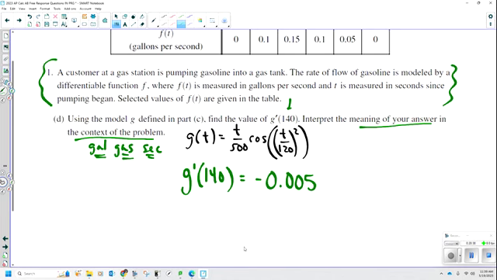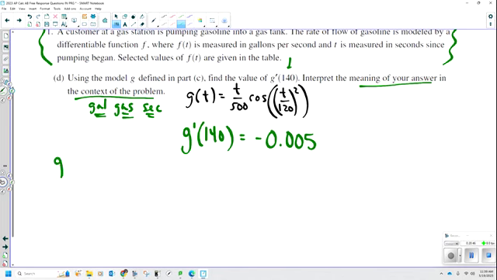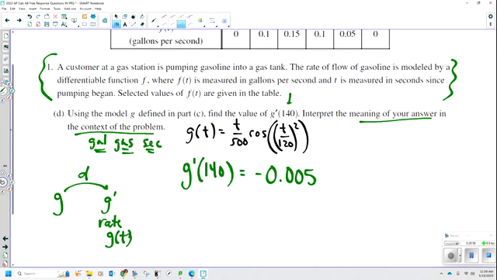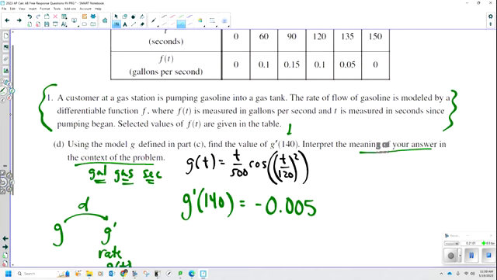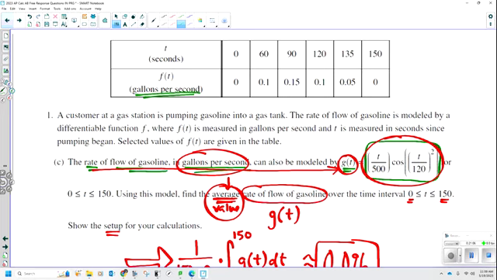Well, let's interpret what that means. It's the derivative of g. So in this case, I have g, and if I take the derivative of g, I get g prime. This is the rate of whatever g is. So let's look and see what g is. G is not just gallons. If I go back to part C, G is actually already in gallons per second.